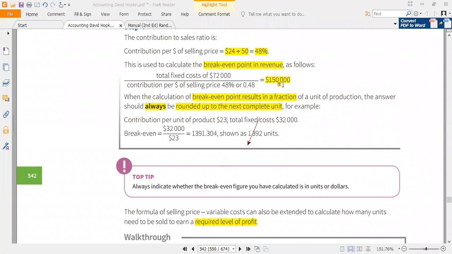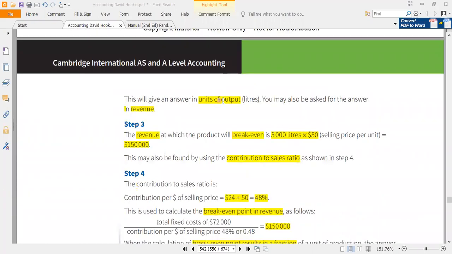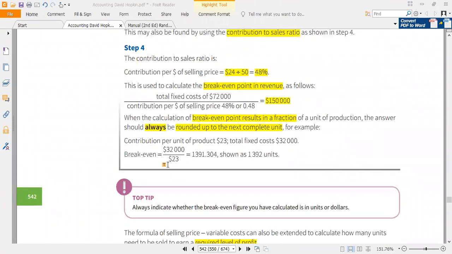The second thing is that in this question we get a round figure, 3,000 liters. If your break-even answer in units is like 1391.304, mathematically you would round it to 1391, because if it is less than 5 you leave it.